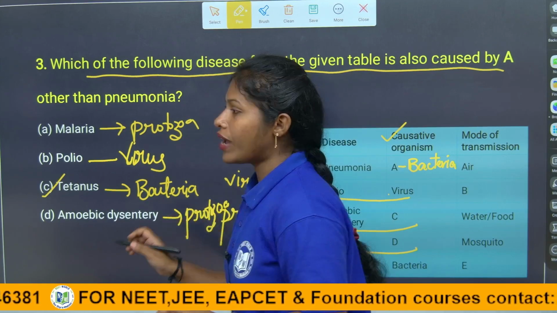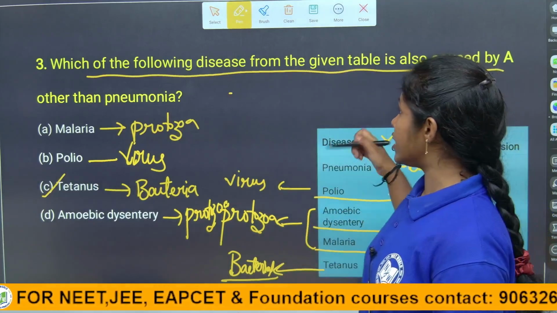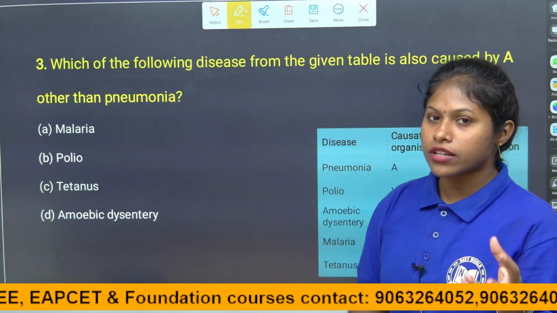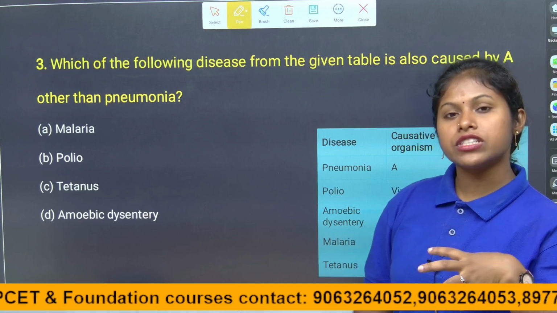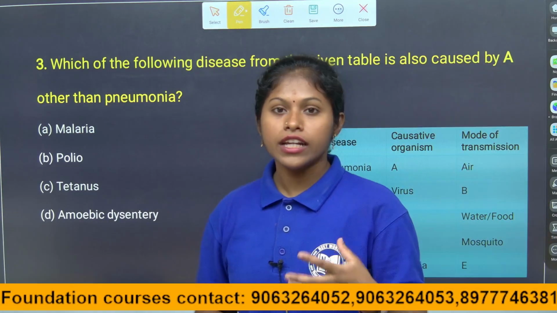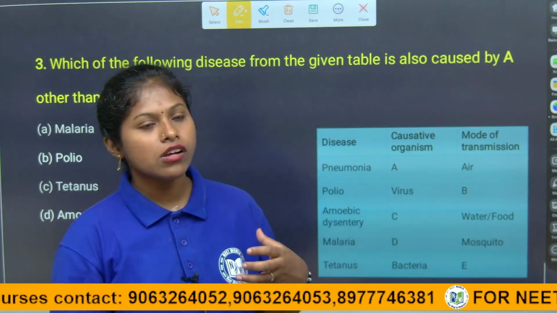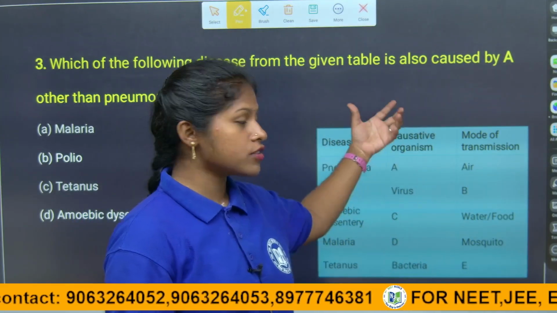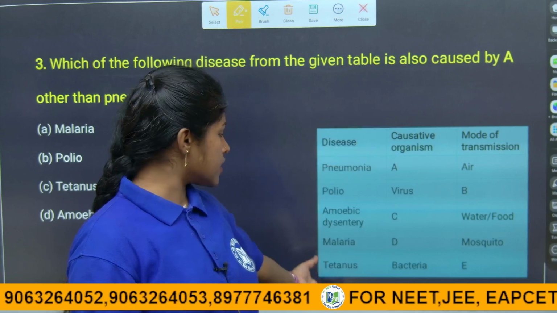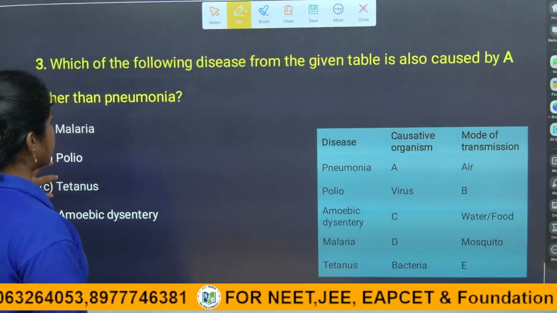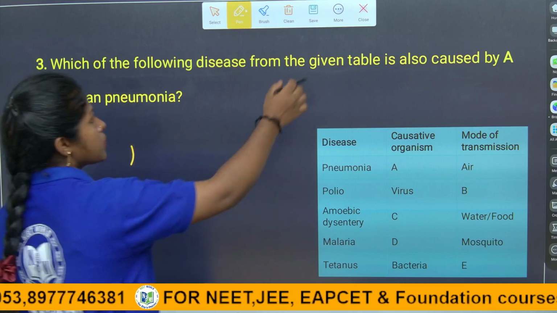So this is how we have to analyze the questions if the given table is like this, children. They asked about the causative agent of pneumonia, and if any other disease is present with the causative agent of bacteria only. So here the answer is tetanus, the bacterial disease caused by the bacteria. Coming to the next question, children.